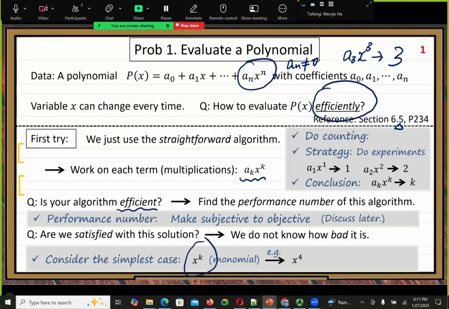Somewhere appropriate. X to the 4th. Can you calculate it differently than our previous way? First tell me, in the previous way, how many multiplications do we need to calculate x to the 4th?